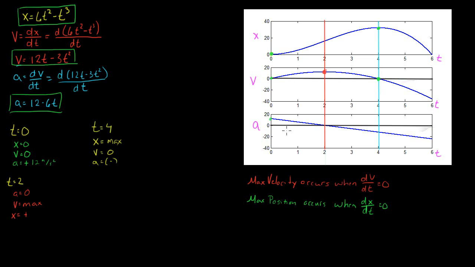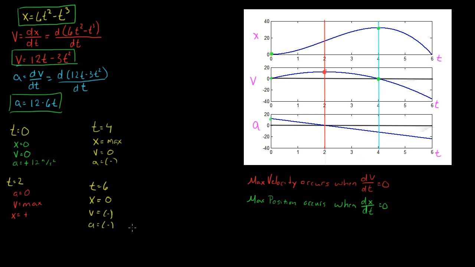And finally, at t equals 6, so time is equal to 6, our x position becomes 0. Our velocity continues to become more and more negative, so it's some negative number. And our acceleration is also a negative number, and it continues to get more and more negative.